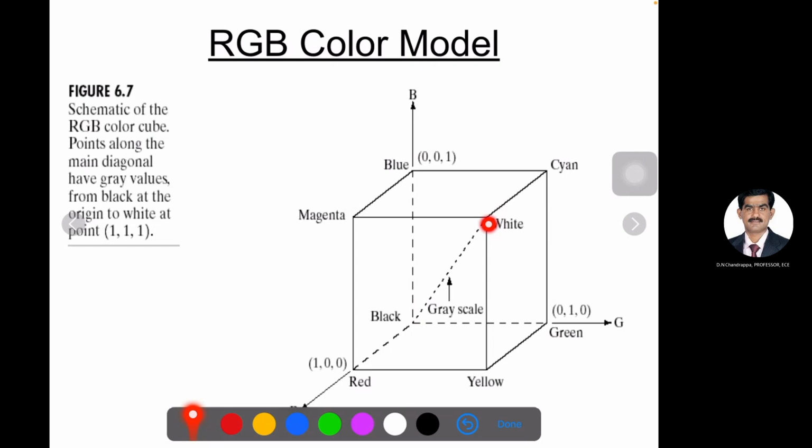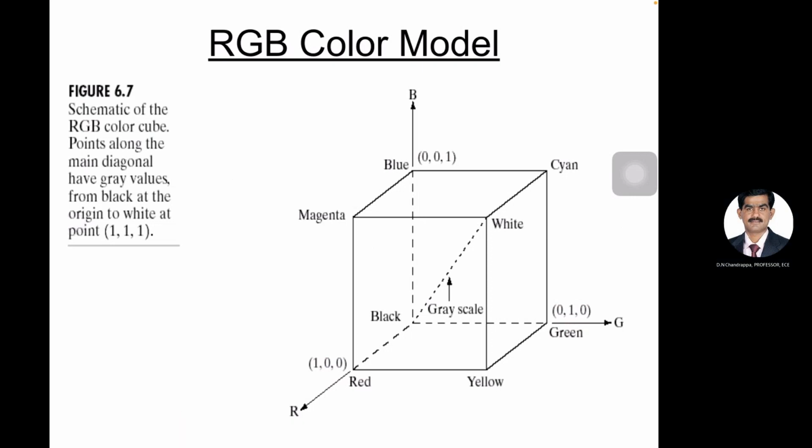So RGB values: R is 0, green is 0, blue is 1; R is 1, G is 0, B is 0; R is 0, green is 1, blue is 0. That is how we use 001, 100, 010 in the RGB model.